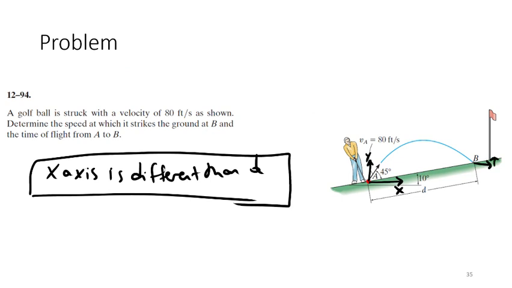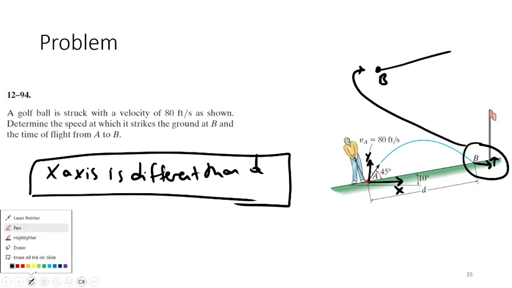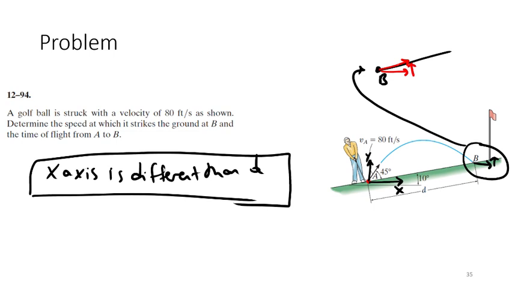If I zoom out and show it separately, this is point B, and at point B the golf ball moves that way. It has an x component and a y component, so the velocity at B has both an x and a y component.